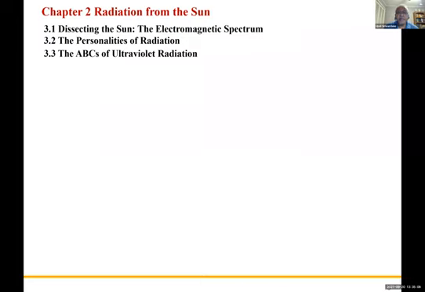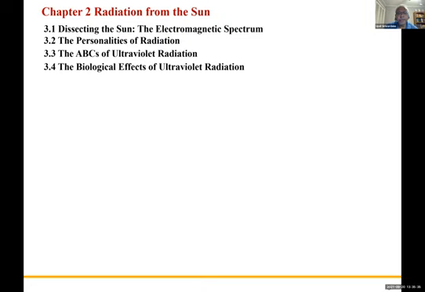Ultraviolet radiation is important. It causes damage to the skin. There are 3 ultraviolet radiations that we need to discuss: ultraviolet A, ultraviolet B, and ultraviolet C. A is the one that passes through the atmosphere and falls on our skin and can cause damage.